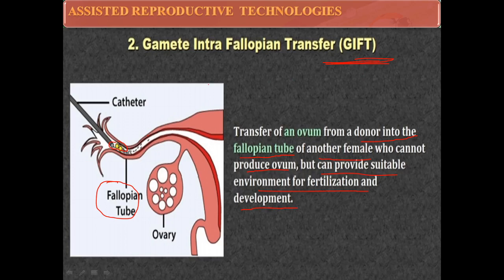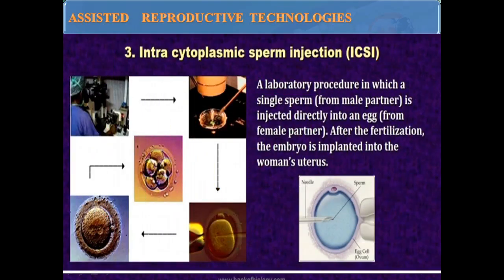The next one is intracytoplasmic sperm injection. What happens in this procedure? It is a laboratory procedure in which a single sperm is injected directly into the egg cell.